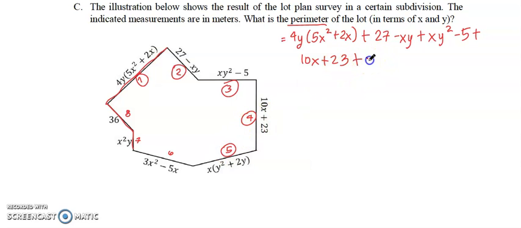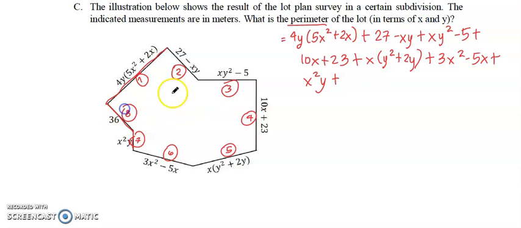We have x times the quantity y squared plus 2y. Done. Proceed to the next. Plus 3x squared minus 5x. Plus, proceed to number 7. Copy. Plus x squared y. Then done with 7. The last one, we have 36.